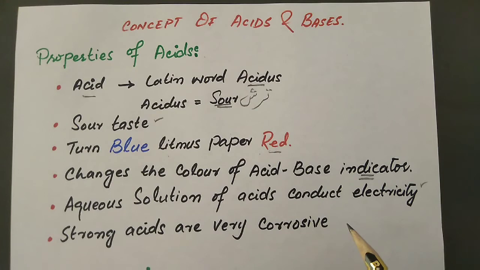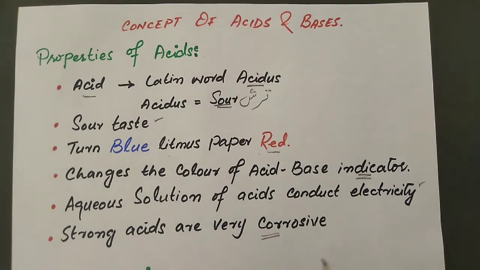For example, if some fabric or some paper or skin is exposed to strong acid, the acid can burn that fabric or skin. So they are very corrosive in nature.